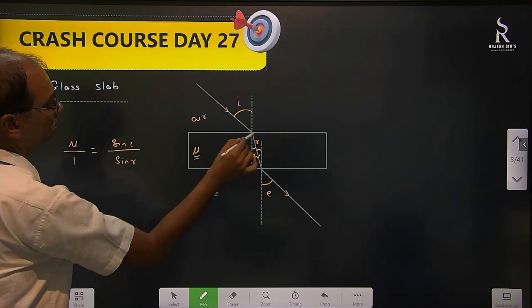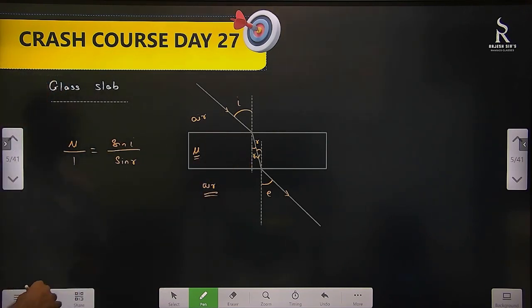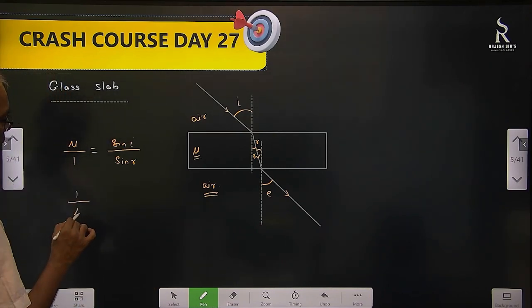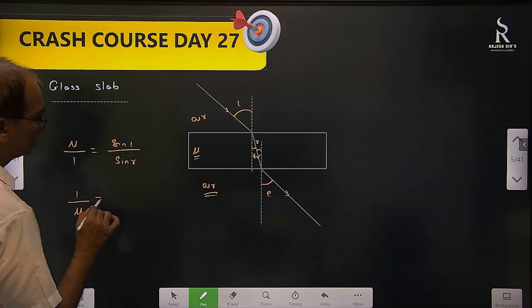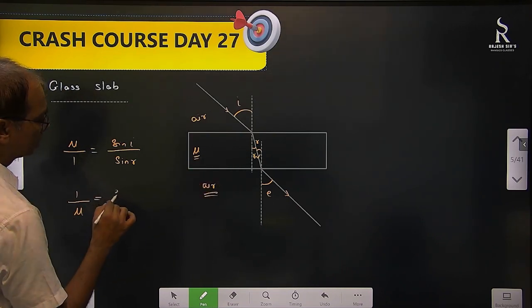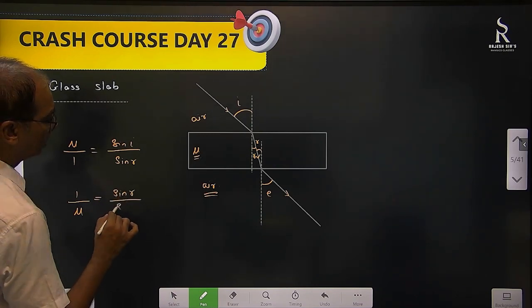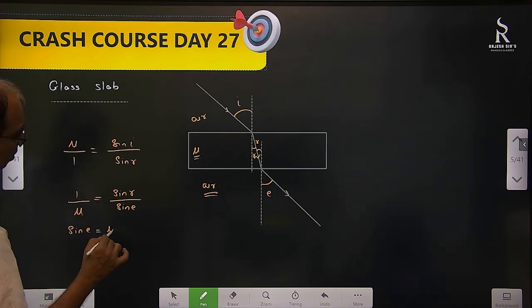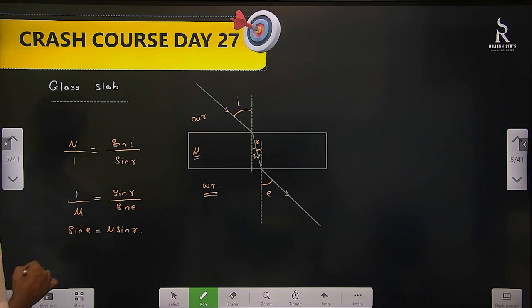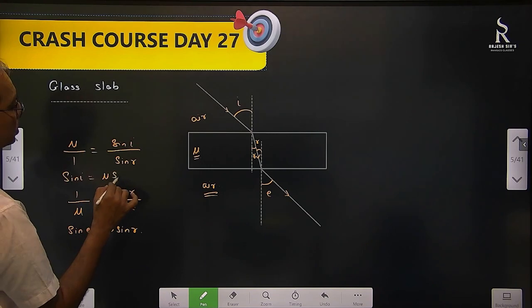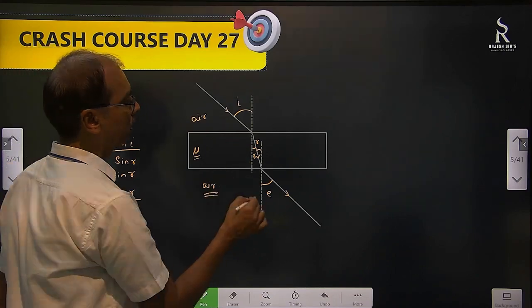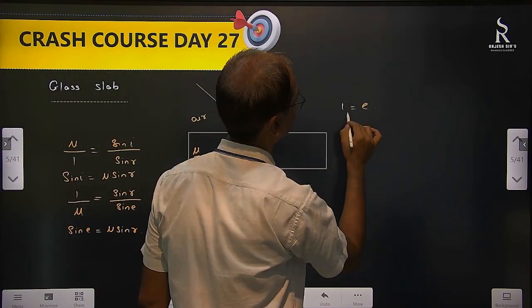Now apply at this surface. What is mu 2 here? This air is mu 2. So 1 by mu equal to sin R by sin E. So sin E equal to mu sin R. And here sin I equal to mu sin R, that means I equal to E. So I will be equal to E if on the two sides we have the same medium.